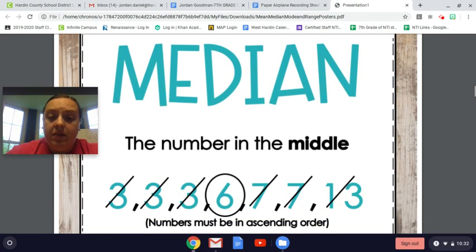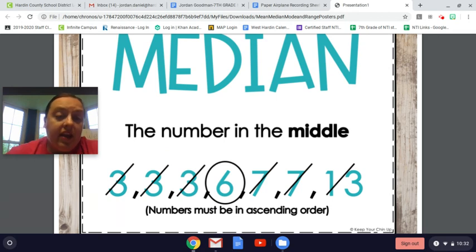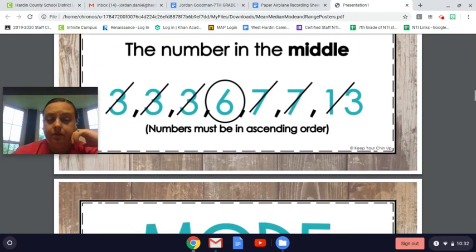Median is the number in the middle, and thankfully we gave you a 5-number trial, because you can put the numbers in order and there will be 1 for sure in the middle. If you get more than 1 in the middle, that's an issue. So median is the number in the middle.